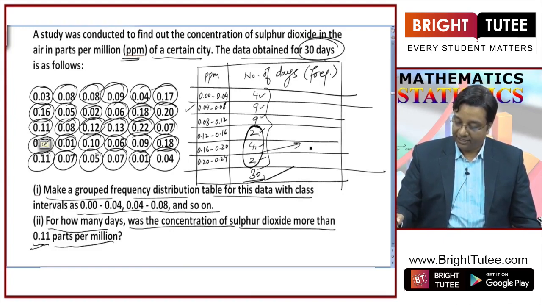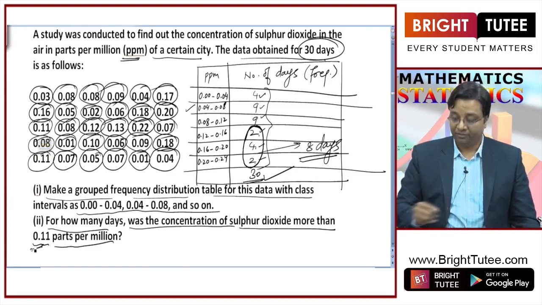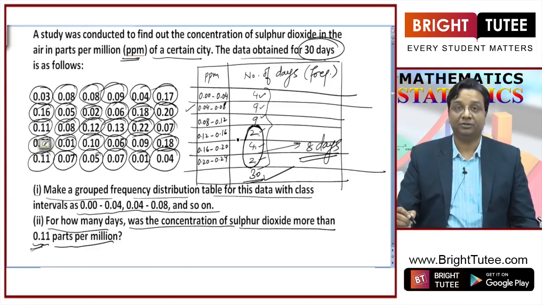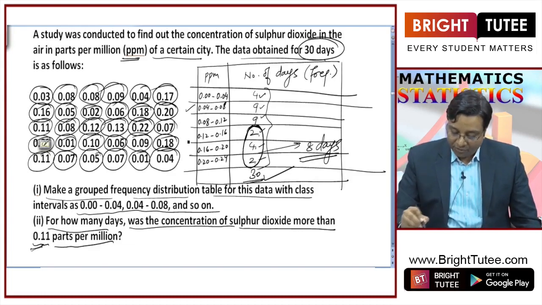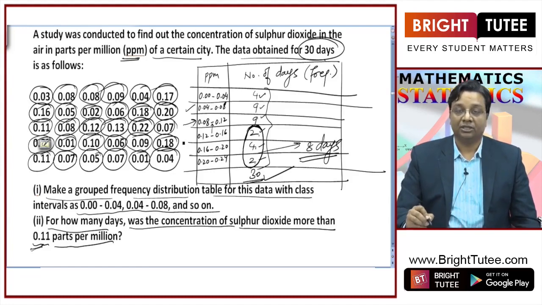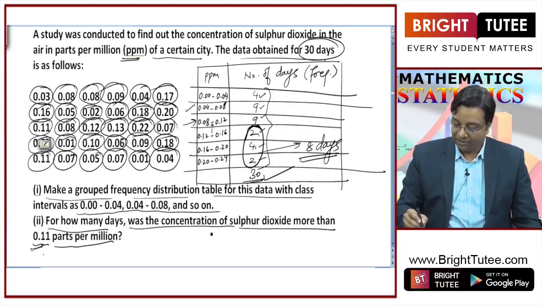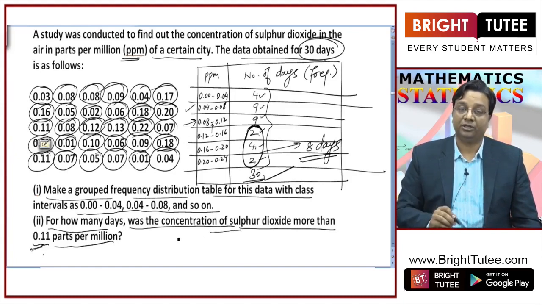So there were 8 days on which it was more than 0.11 parts per million. But this data might be confusing because 0.11 lies in this interval also. So you will have to manually count on how many days the concentration was more than 0.11.